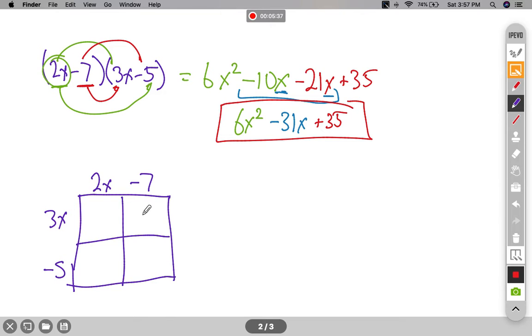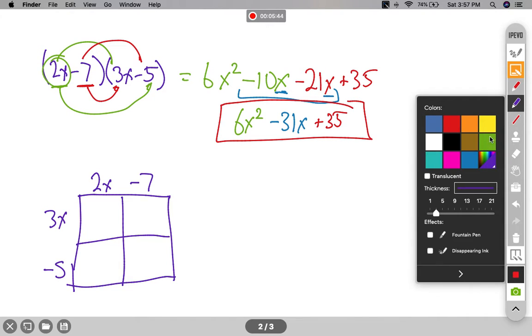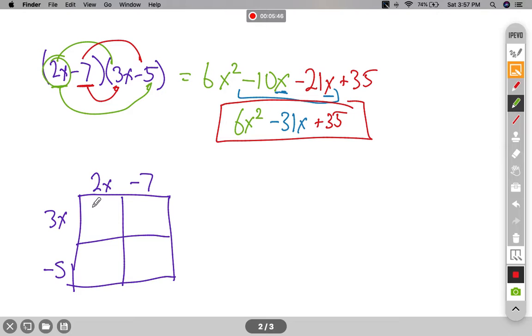I set up the box with the two sides, and then I just multiply each of these individual boxes. So when I take the 2x times 3x, I get 6x squared. I take the 2x times the negative 5, I get negative 10x.